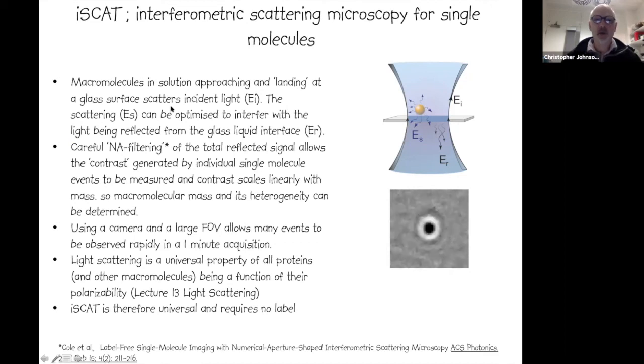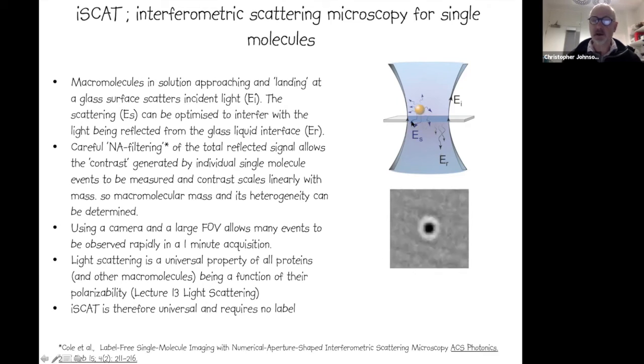And these molecules act to scatter some of the incident light, shown here in this cone, EI. And the scattered light, ES, can be optimized so that it interferes, in this case destructively, with the light being reflected from the glass-liquid interface, which is this light, ER.